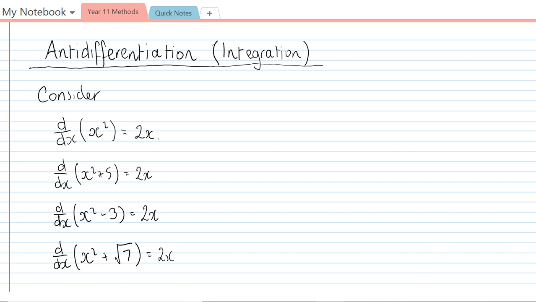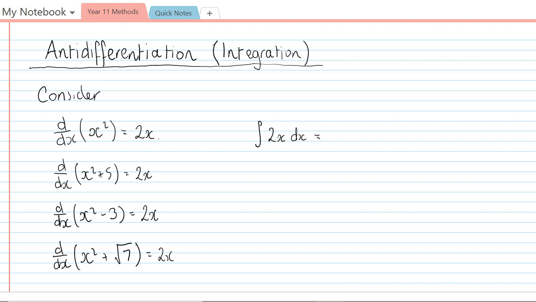And so if I go the other way, and if I have a look at the antiderivative, so this symbol is used for the antiderivative of 2x with respect to x. Now it's really important when you're writing these that you include the dx sign on the end, because that's telling us that we are anti-differentiating with respect to x.